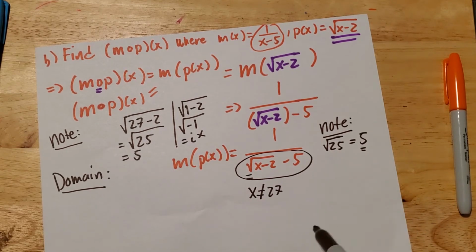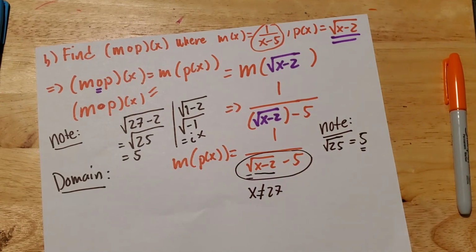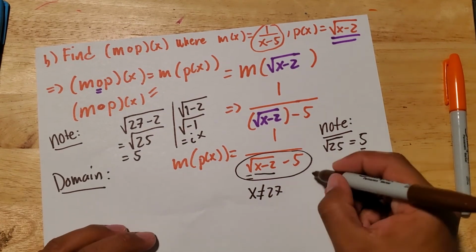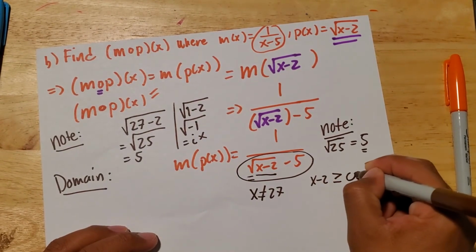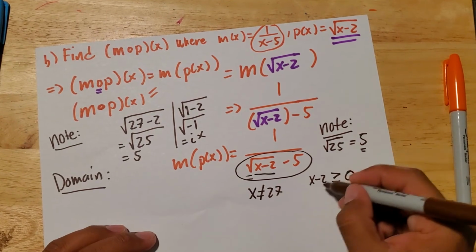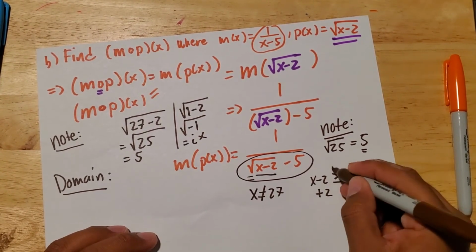I know for sure 27 doesn't work, but there are a lot of other numbers that don't. Because remember, we don't want the radicand to be negative. So that means this x minus 2 has to be greater than or equal to 0. We've always said that.